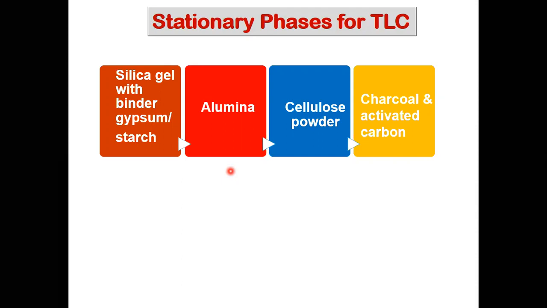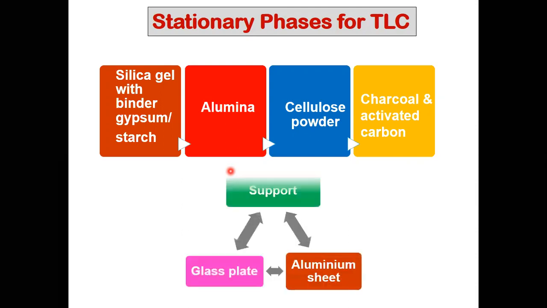If we talk about their polarity, their nature ranges from polar to non-polar. Cellulose is considered a polar stationary phase, whereas activated carbon or activated charcoal is considered a non-polar stationary phase.